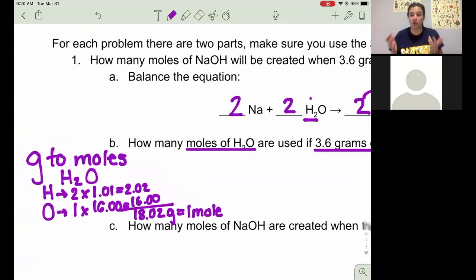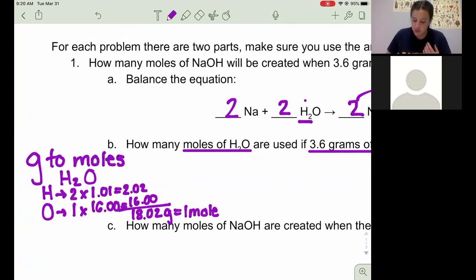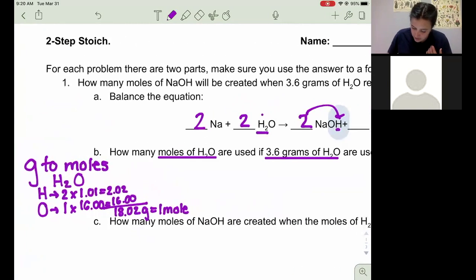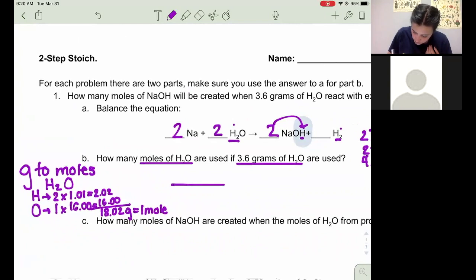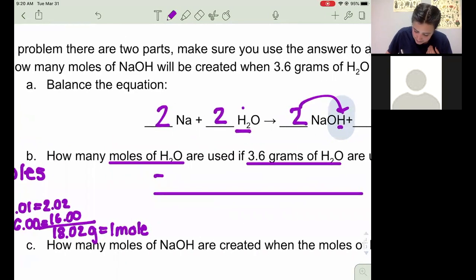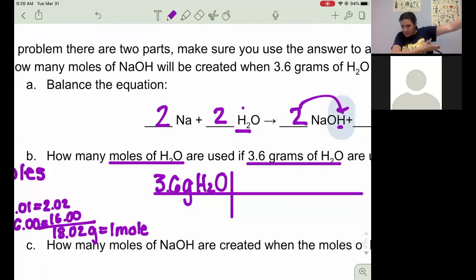So now I'm able to solve my problem. I go ahead and set up my train track. I put my given on top. So I start with 3.6 grams of H2O. Second move is I have to bring down those units.